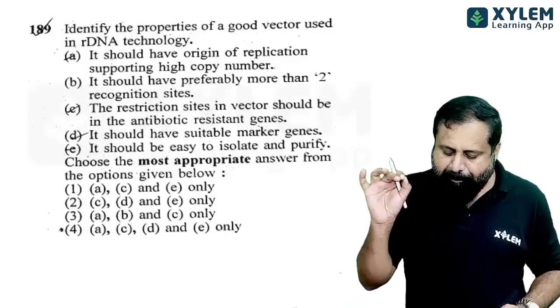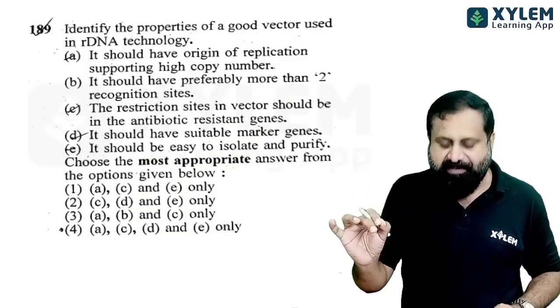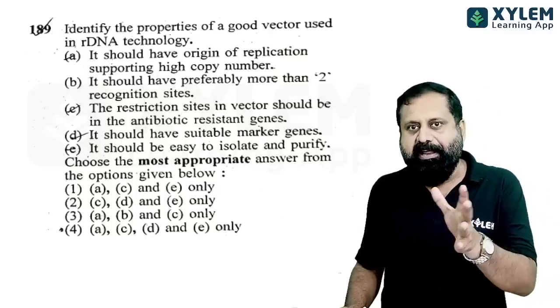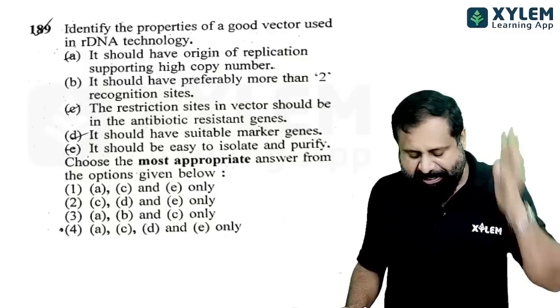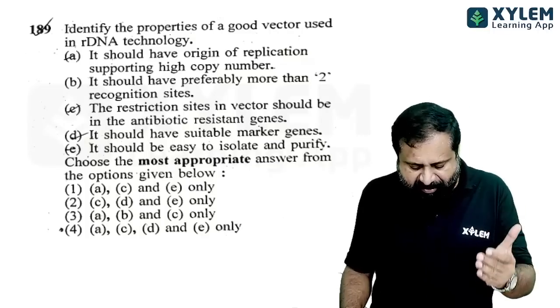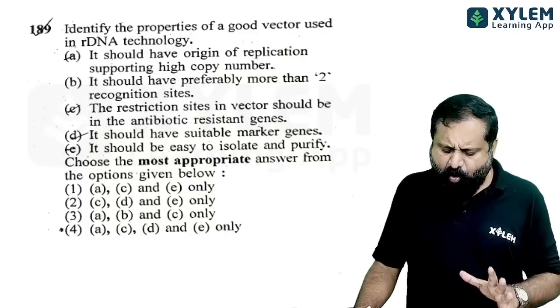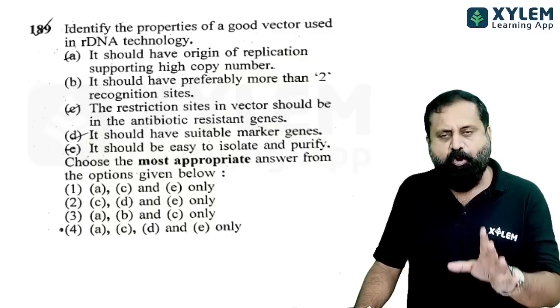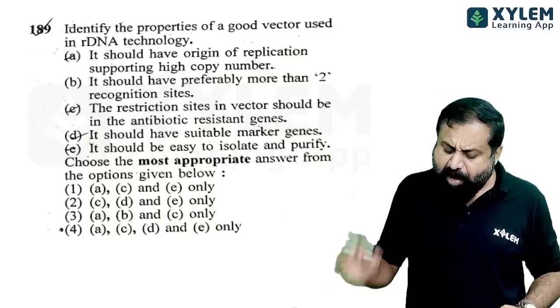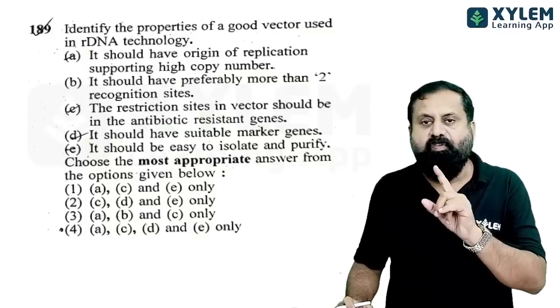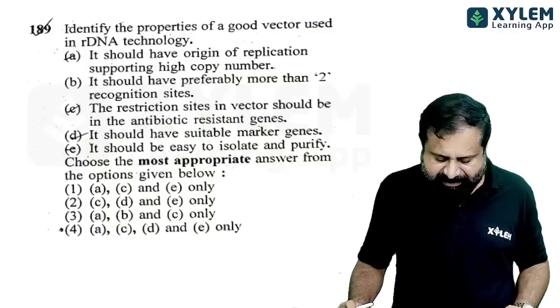189, identify the properties of a good vector used in rDNA technology, recombinant DNA technology or genetic engineering. Statements are there. You can see it. It should have origin of replication supporting high copy number, correct. It should have preferably more than 2 recognition site, false. 1 recognition site.